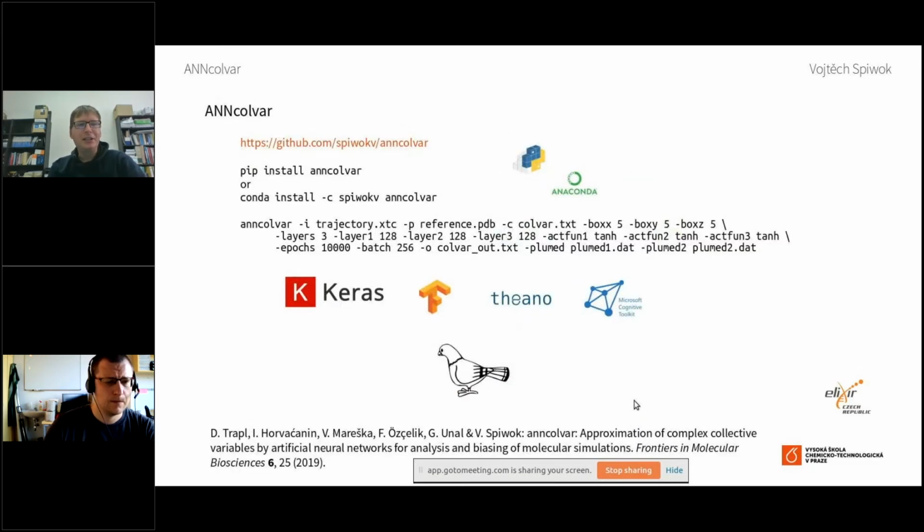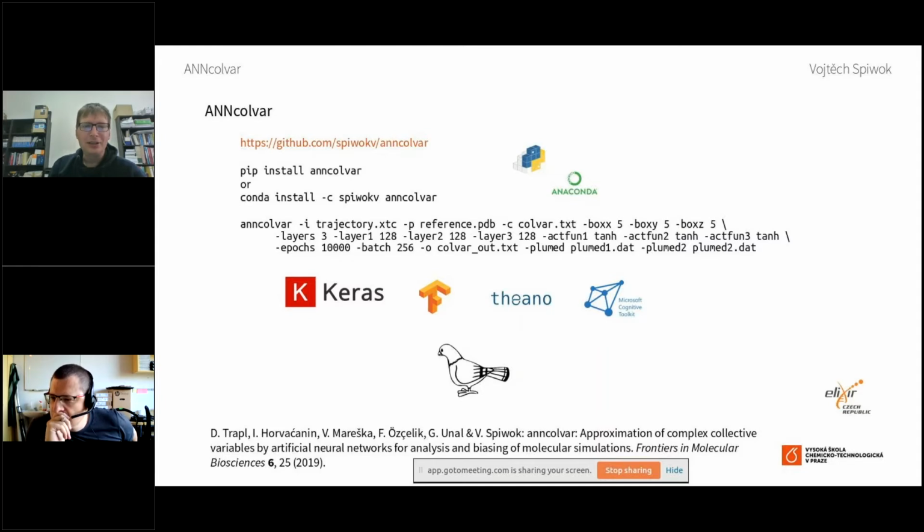If you are interested in using this package, it's available on GitHub, and it's a Python package, so you can install it using pip or conda. Once you install it, it also installs some necessary components.